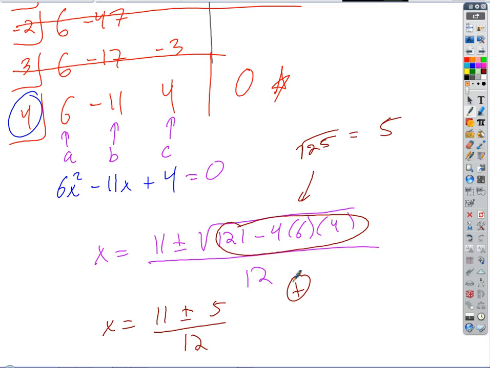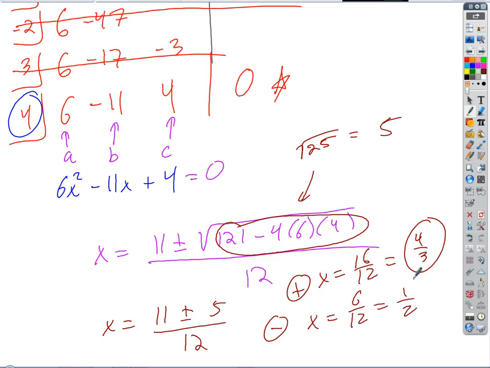So if we take the plus sign, what's that going to give us? 11 plus 5 is what? 16 over 12, right? So x equals 16 over 12, which reduces to what? 4 over 3. So there's another 0, right? What if we take the minus sign? 11 minus 5 is what? 6. 6 over 12 is what? 1/2.